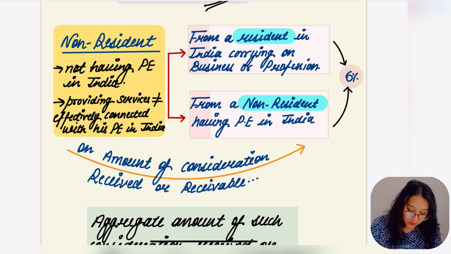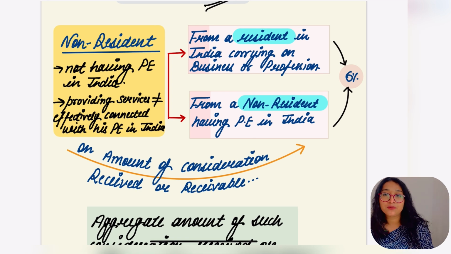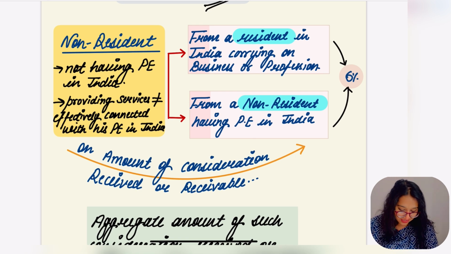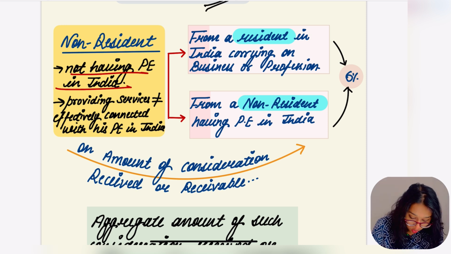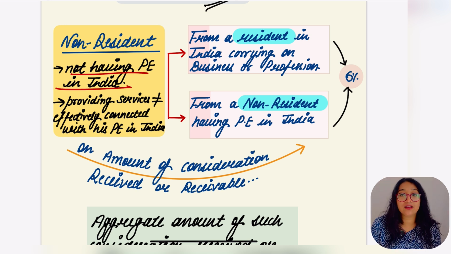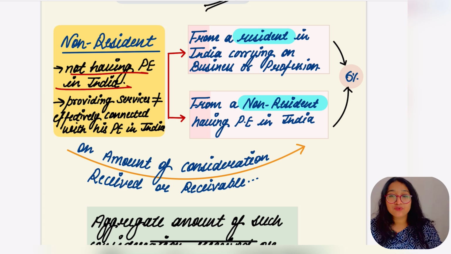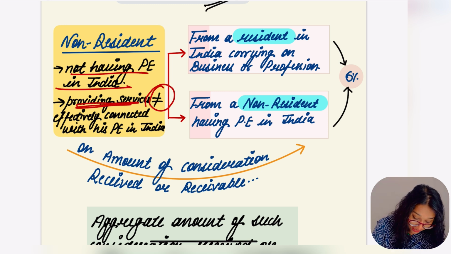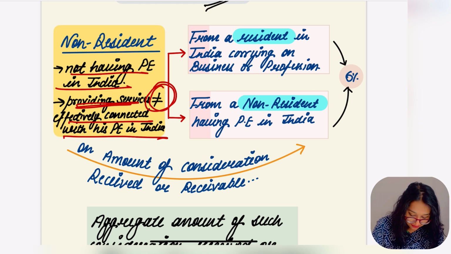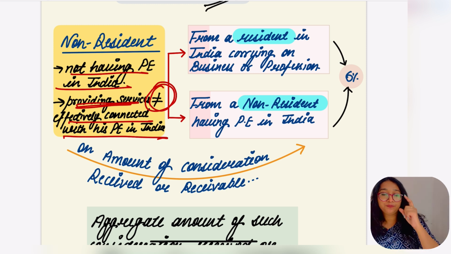When the transaction is done by a non-resident who does not have a PE in India and who is providing a service not effectively connected with his PE in India.